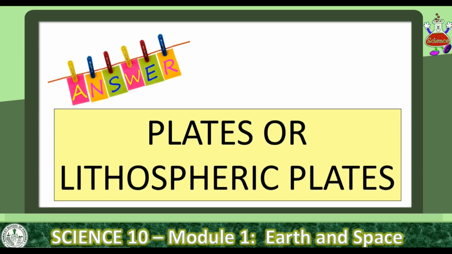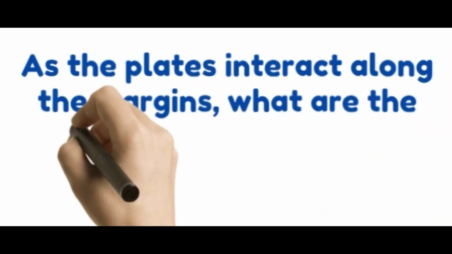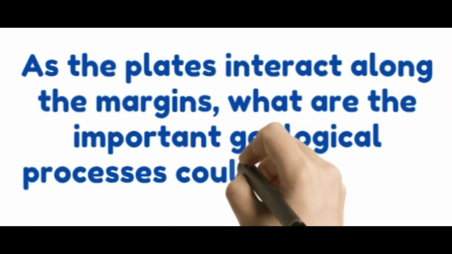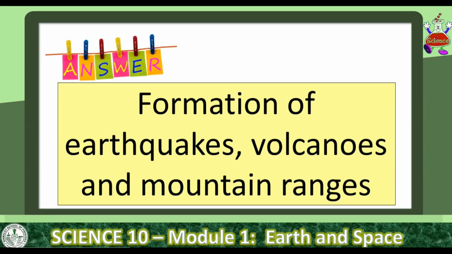The answer is plates or lithospheric plates. You're right. As the plates interact along the margins, what are some of the important geological processes that could take place? The answer is the formation of earthquakes, volcanoes, and mountain ranges. Very good. Excellent. You got it all.